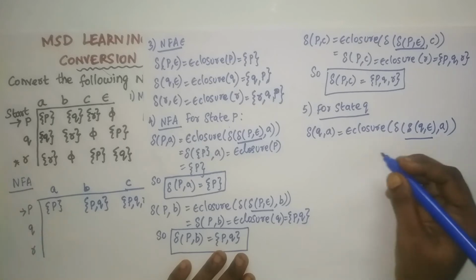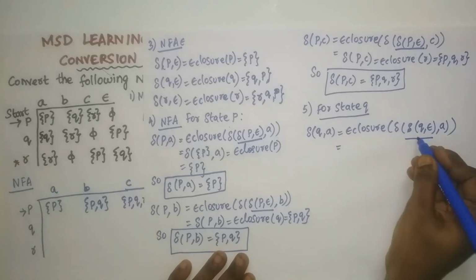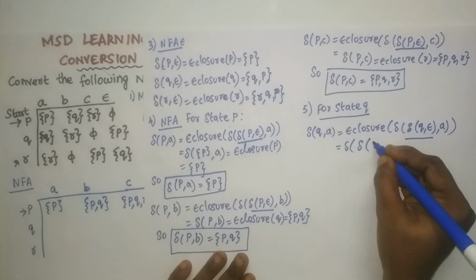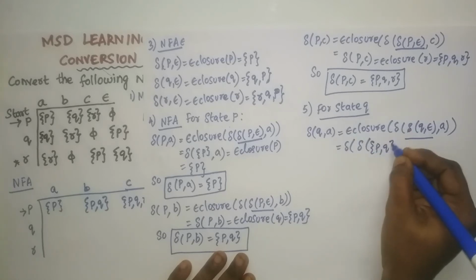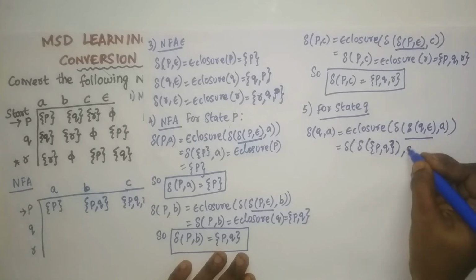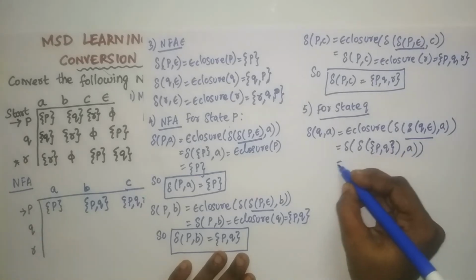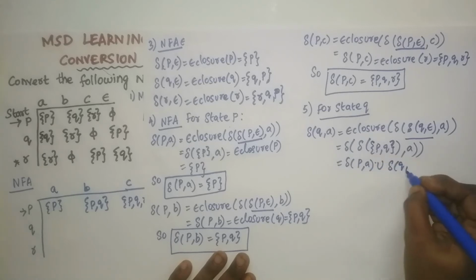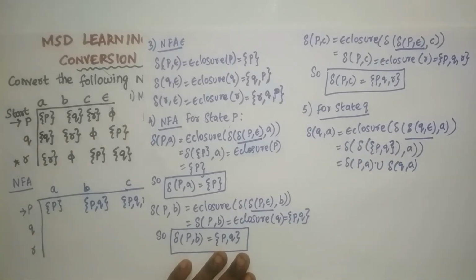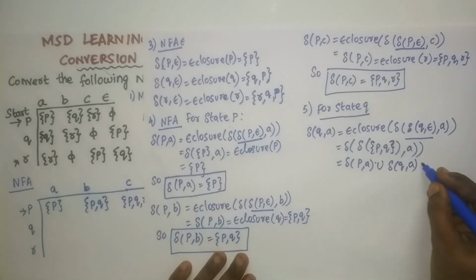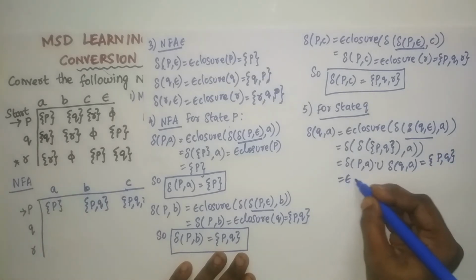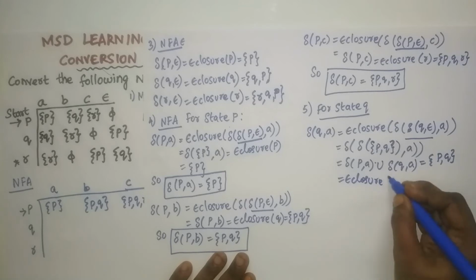Here δ(Q, epsilon) is epsilon closure of Q, so epsilon closure of Q here is {P, Q}. So δ({P, Q}, A) will be equal to δ(P, A) union δ(Q, A), which is P, since (P, A) is P and (Q, A) is Q. So it is nothing but {P, Q}, which is again, you should not forget to apply epsilon closure.